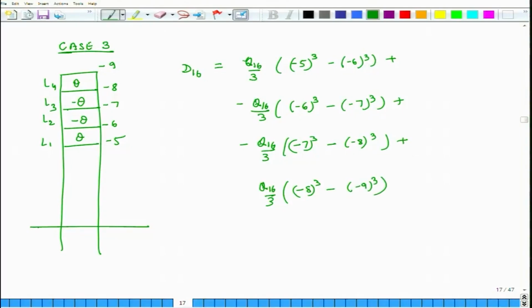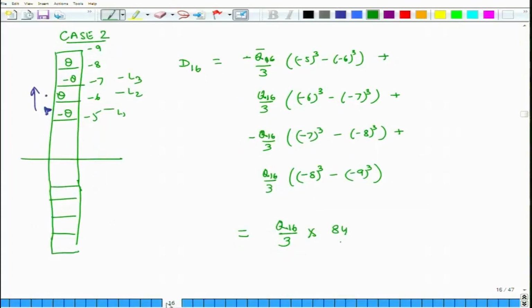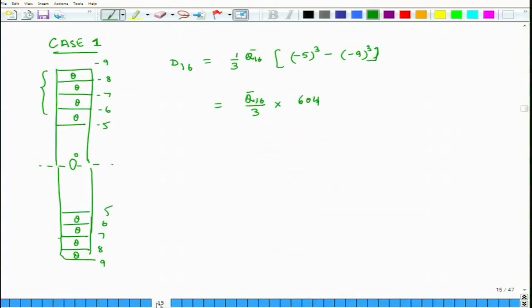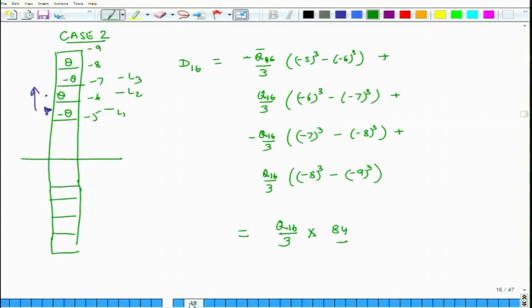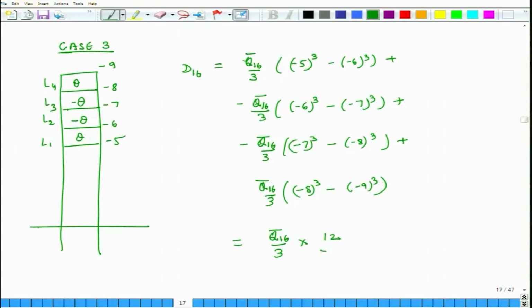And here if you add up everything together, what you end up is Q16 bar times 12. So, in case 2 it was 84, in case 1 originally it was 604 and it has come down to a very small number 12.